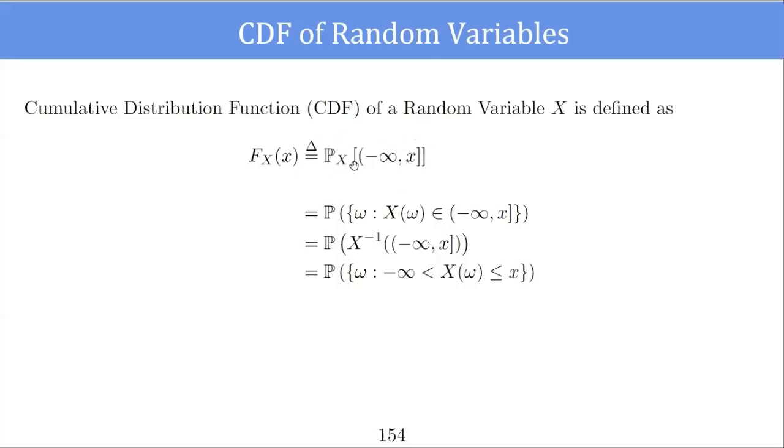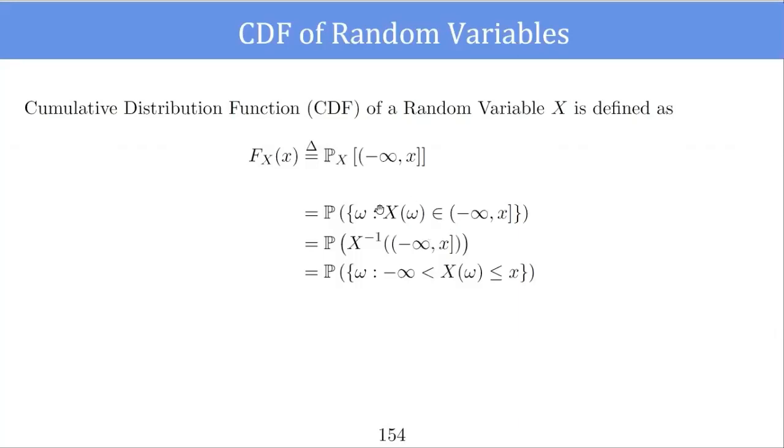Remember, the probability law of any set B under X is equal to the probability of X inverse of B. So the probability of this is equal to the probability of X inverse of this set. And what is X inverse? It is the pre-image of this set. The pre-image is made from all those omegas such that X(omega) is an element of this set.